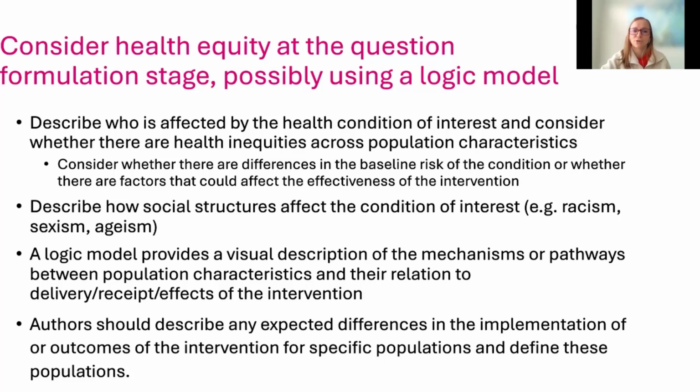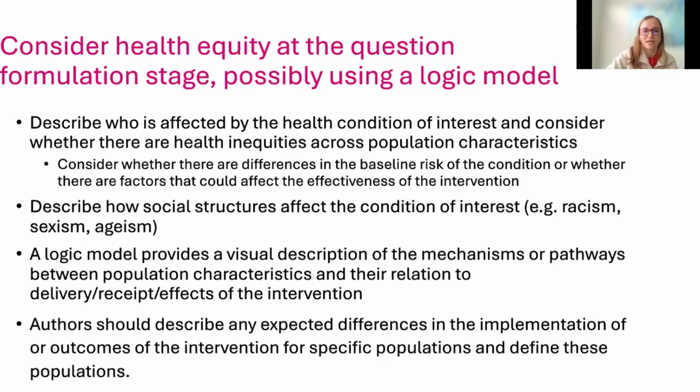You can think about how social structures could affect that condition, so whether people might experience it differently because of things like sexism or ageism. And then you might want to present a logic model, which can provide a visual description of the mechanisms between how the population characteristics relate to the intervention and how the intervention is delivered.